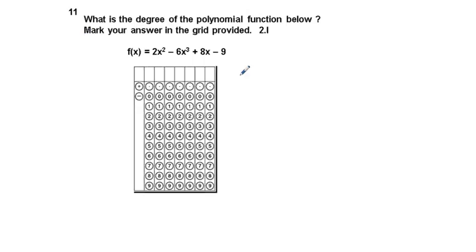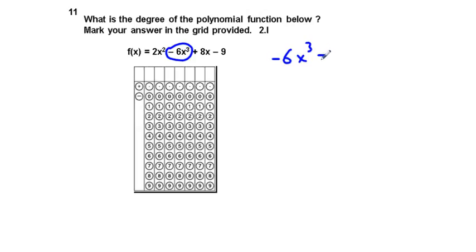Next, 10. What is the degree of the polynomial function below? Mark your answer in the grid provided. Well, what you look for is the term with the highest power exponent in a polynomial function. So it's going to be this -6x cubed.